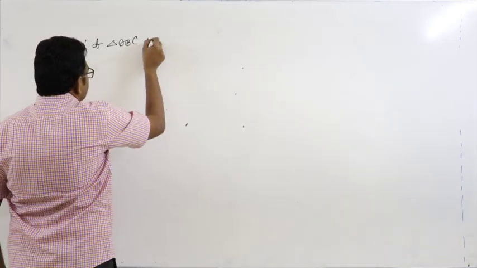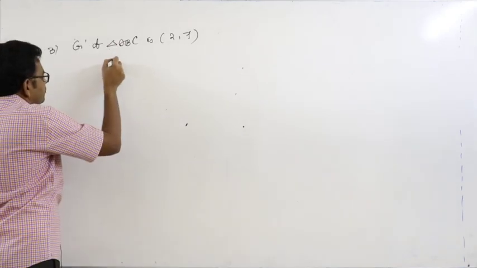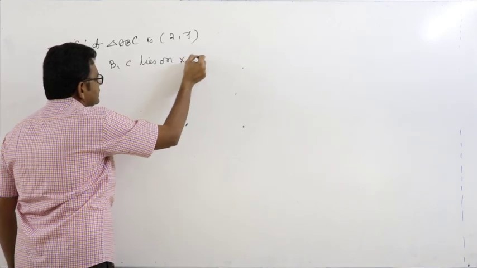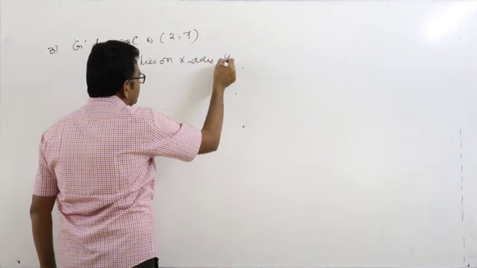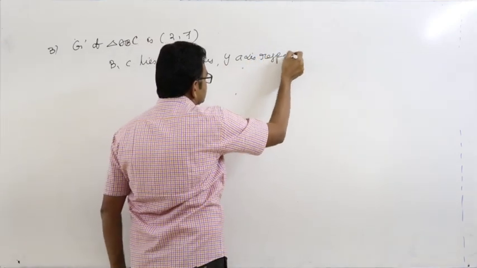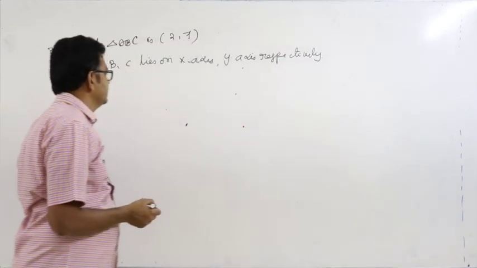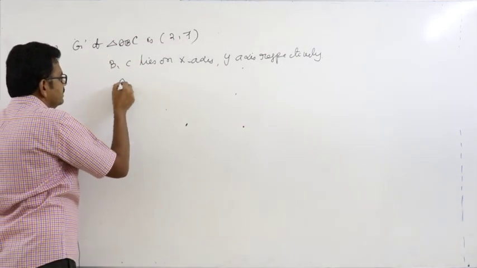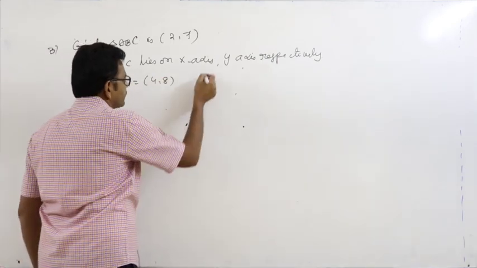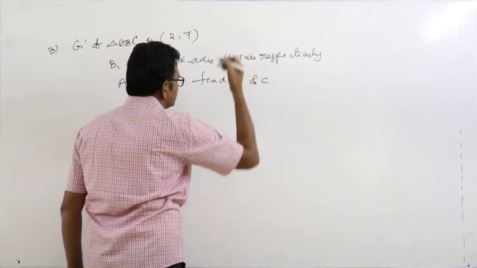B and C lie on the x axis and y axis respectively, and A has coordinates 4 comma 8. Then find the coordinates of B and C.